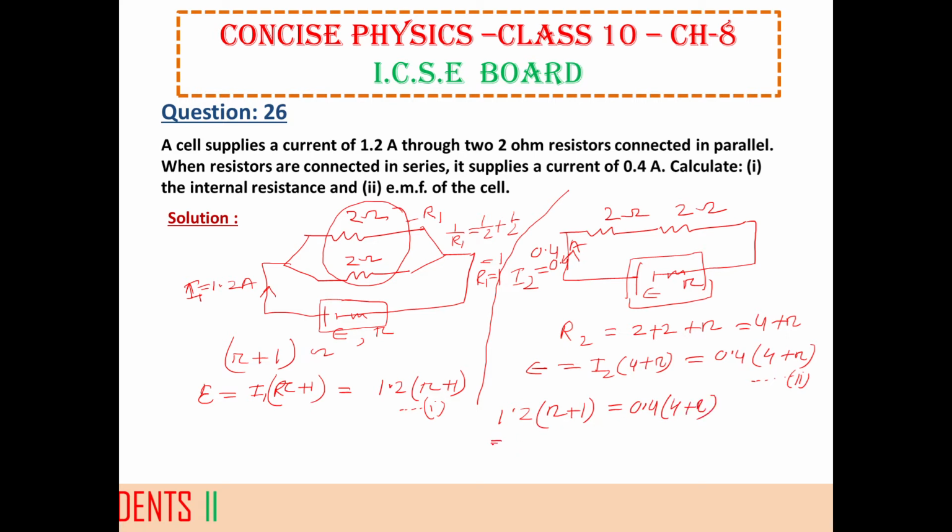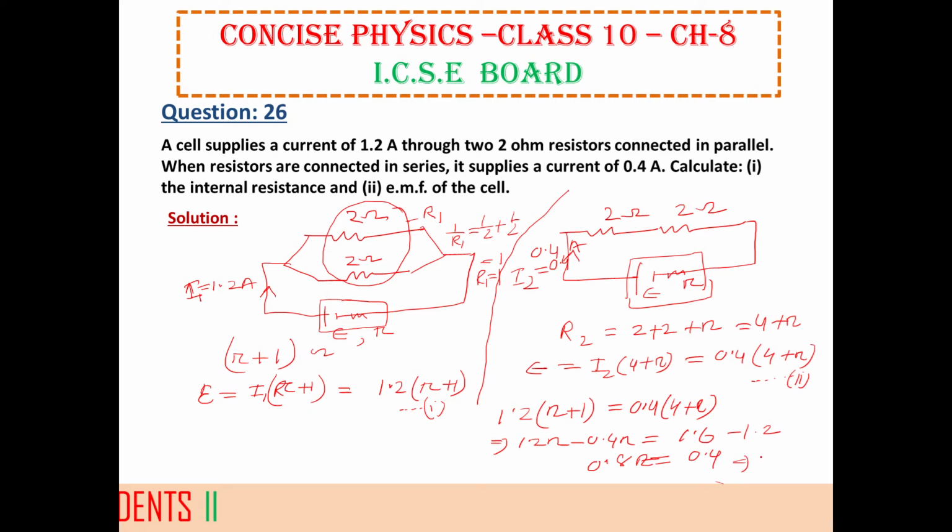On simplification we get 1.2 r minus 0.4 r equals 1.6 minus 1.2. So finally we are getting 0.8 r equals 0.4.